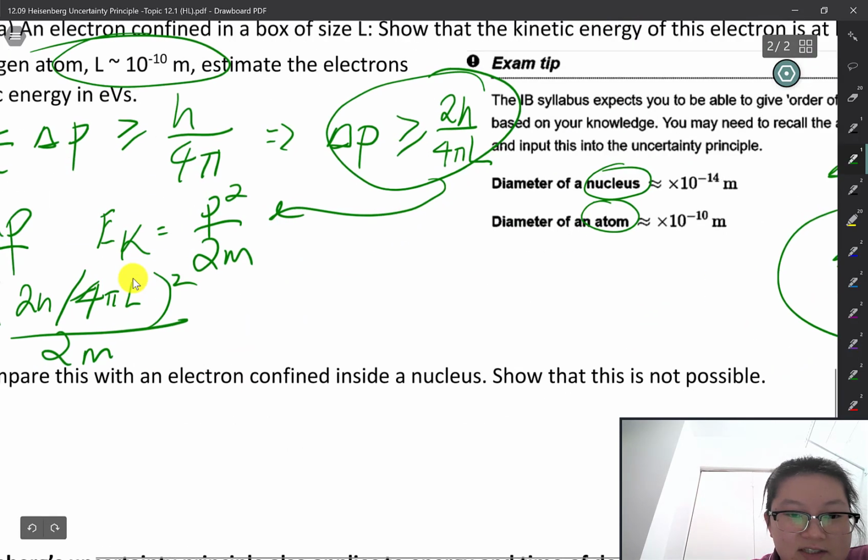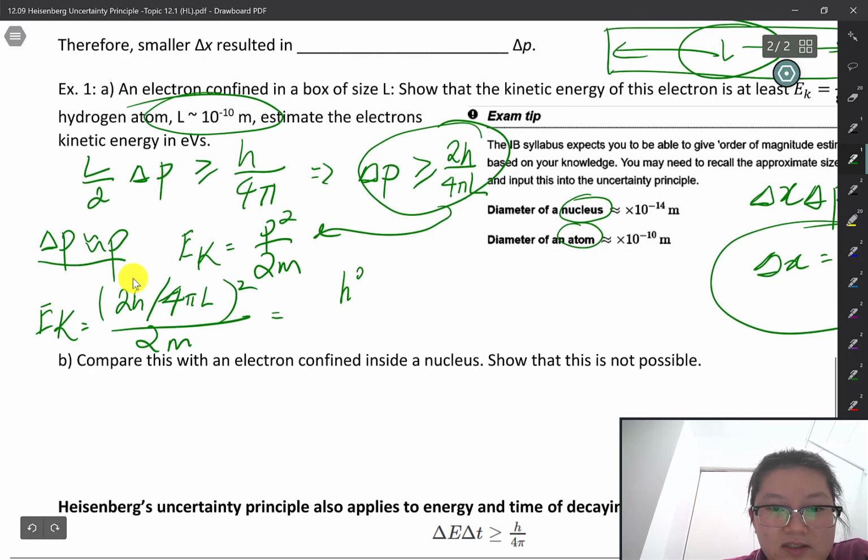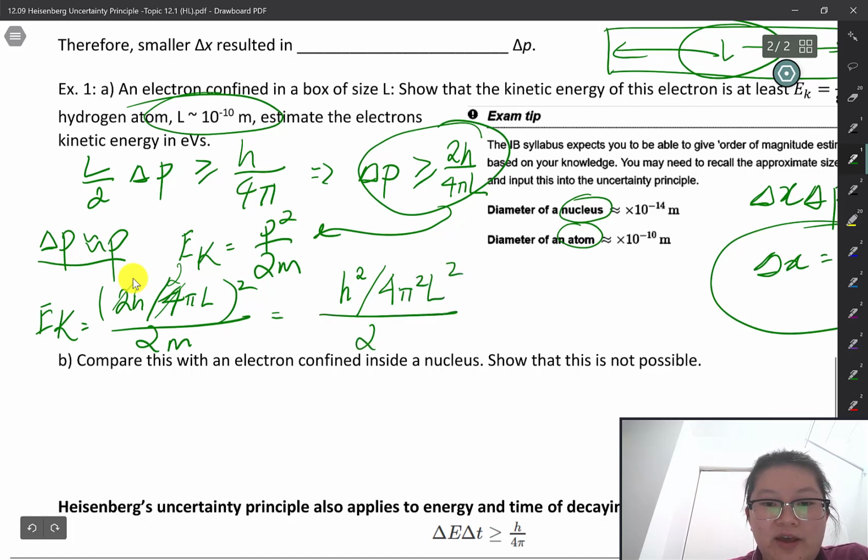And we're going to simplify this. This is going to be h squared, and then 2 over 4 cancels and makes this a 2 here, over 2 squared, which is 4 pi squared L squared, all over 2m.